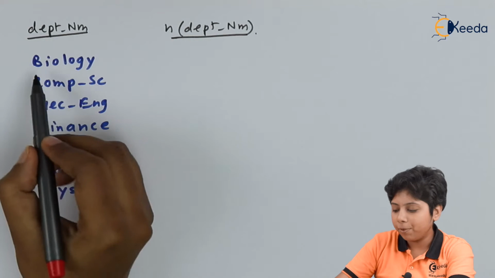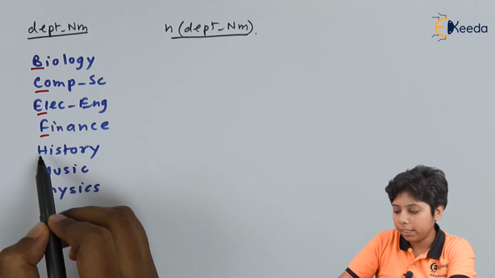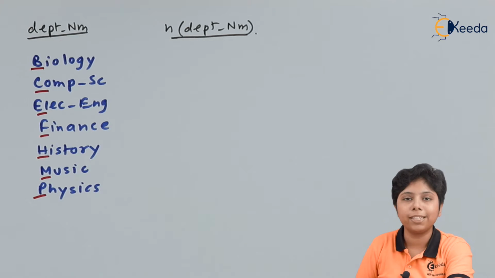Based on each alphabet that is the starting letter of the name, we can calculate the hash value, that is h(department name), and generate the 32-bit numbers associated with the starting letter of this department name.